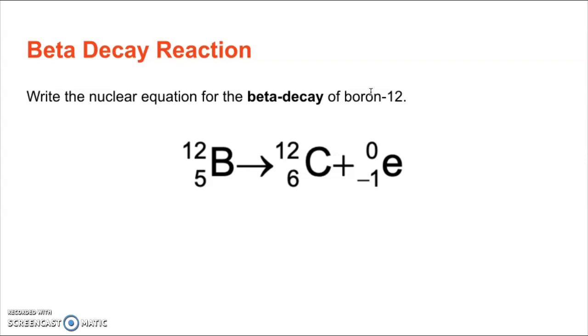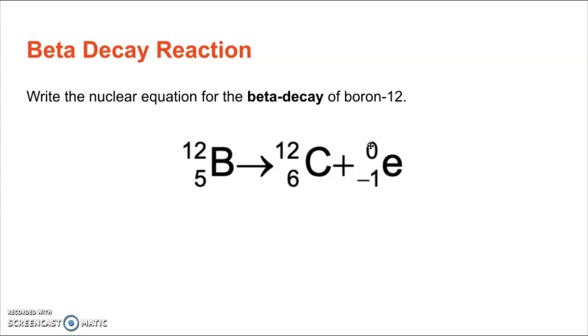I know I have boron, and when I look that up on my periodic table, I know that it has the chemical symbol of B. B has an atomic number of 5, and I'm given my mass number of 12. If I undergo beta decay, I know that my beta particle looks like this.